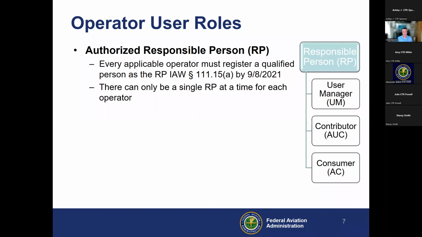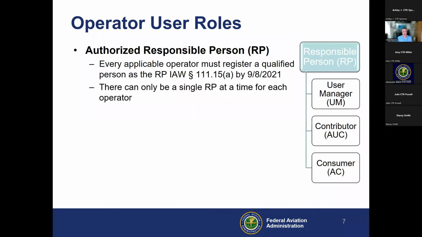Another important thing about the RP is there can only be a single RP registered for an operator at a time. You can't have multiple RPs, only one. A company can switch RPs. You can have Fred for 6 months, and then Fred says, no, I don't want to do this anymore, Jerry wants to do it. Well, that's fine.